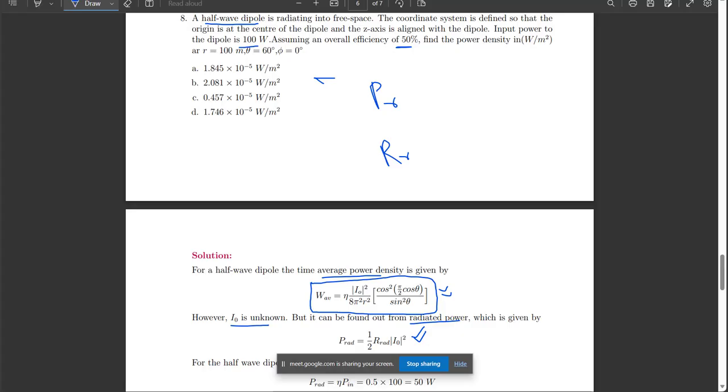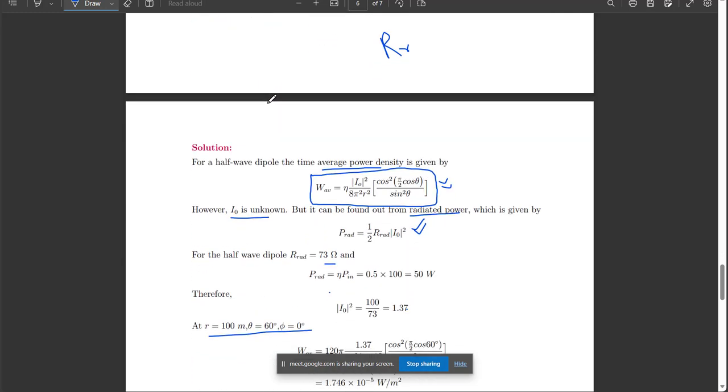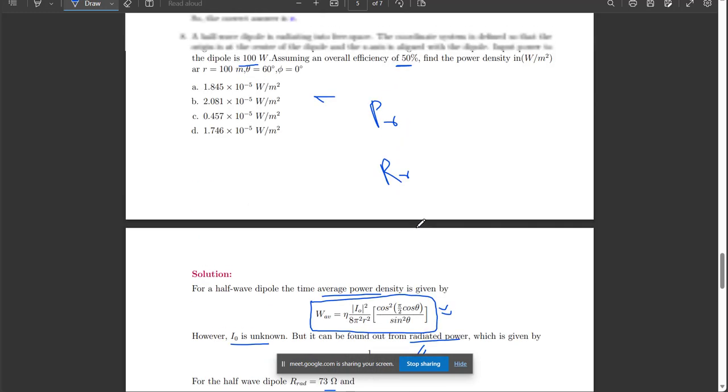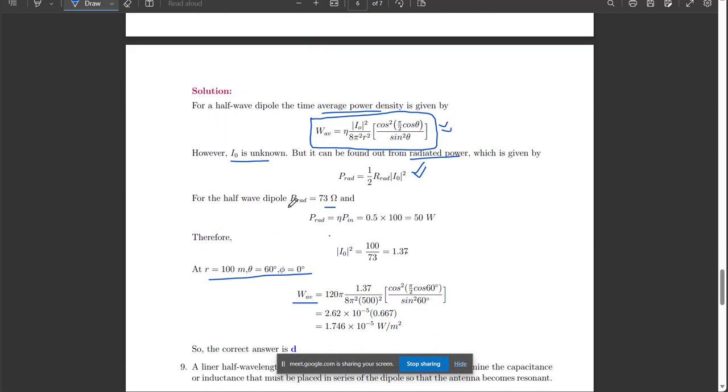Did you get the answer? Any answer? No? Okay, alright. As I already told you, for a half wave dipole, radiation resistance is 73 ohms. So here you put 73 ohms in R radiated.